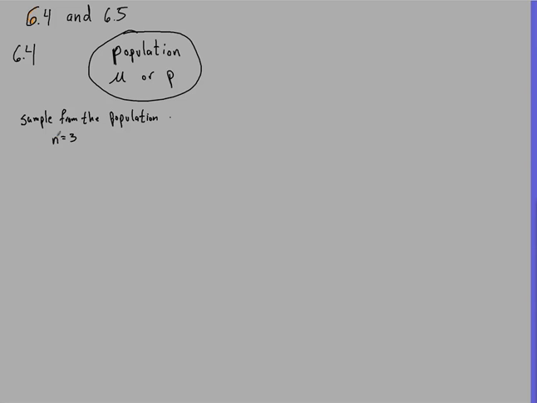Let me say three is the population size, not n, because n is your sample size. Three is the population size, and you sample two out of those three. So you're going to have nine possible samples of size 2, no matter if it's a mean or a proportion.